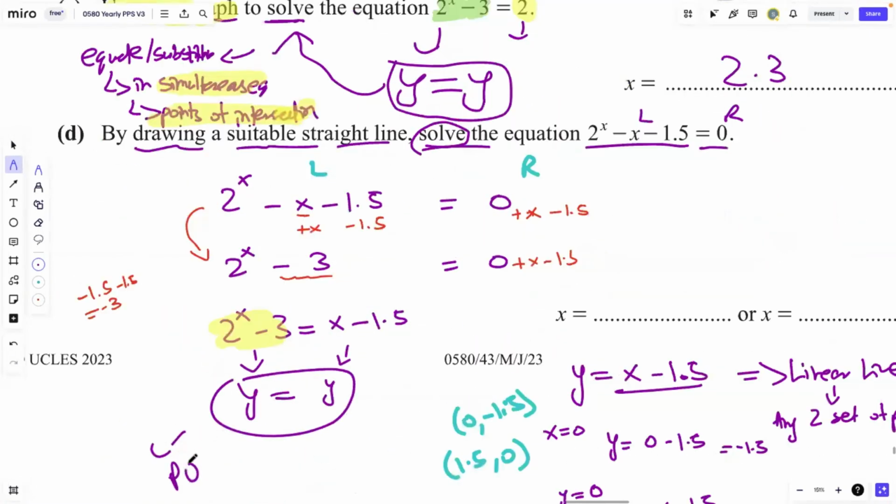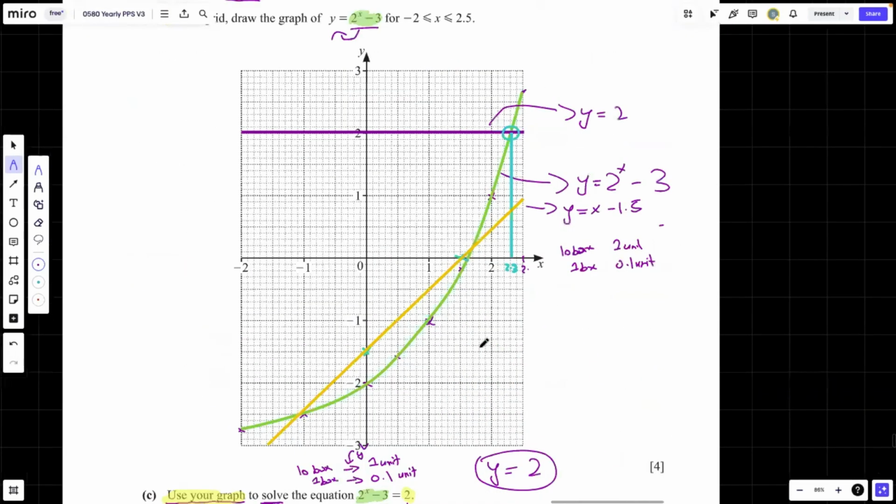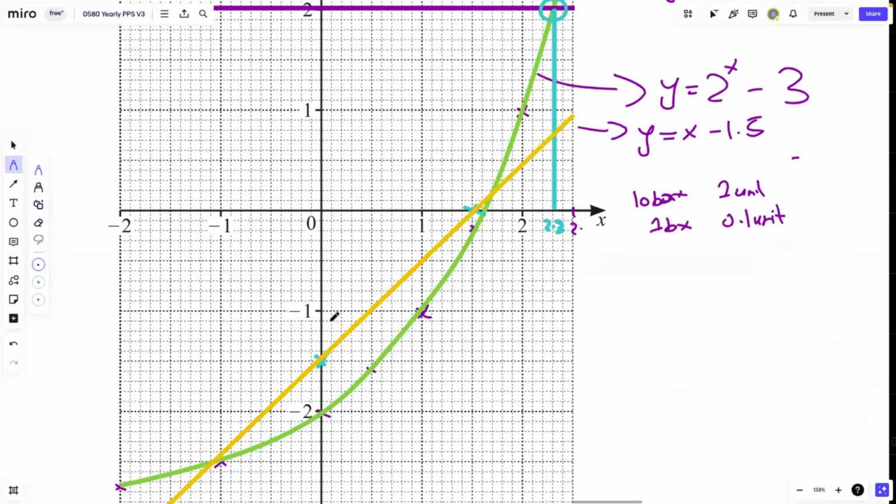So we need points of intersection actually. Substitution gives us the point of intersection. So the green is the curve that we have, the exponential function, and the orange one is the linear line that we can draw. And the points of intersection that we'll have are actually two of them, this and this. So let's just real quick find out the values.